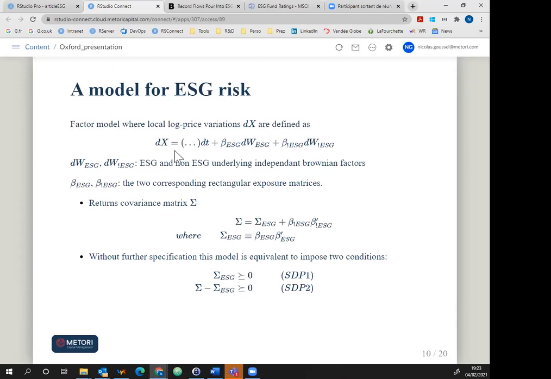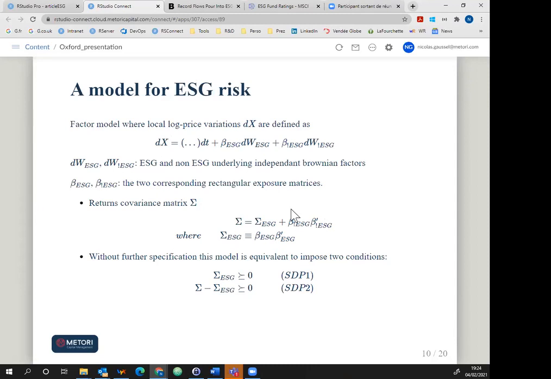If you compute the covariance matrix in such a model, then the covariance matrix of returns would be the sum of beta transpose beta for each risk. So I'm not saying much, but your covariance matrix would be the sum of the two covariance matrices, each describing the correlation structure of non-ESG risk and the correlation structure of ESG risk.